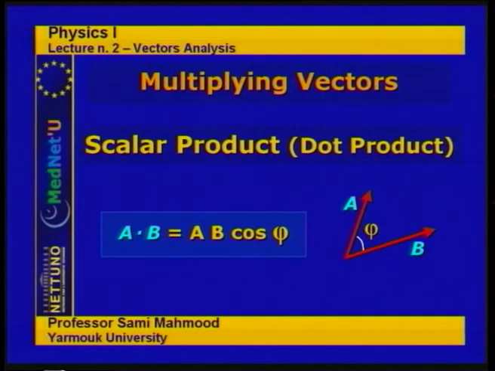This process is symbolized as vector A dot vector B. The resultant is a scalar, as we said.